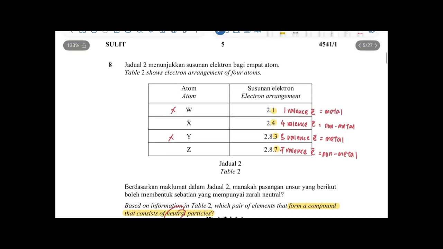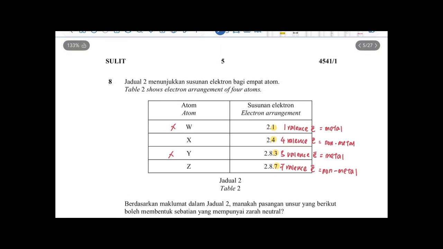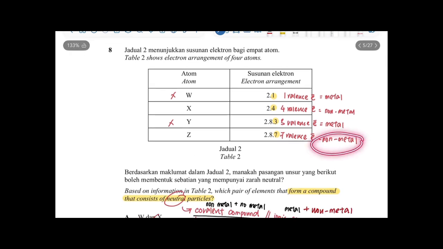Given the electron arrangement, usually the last digit will be the valence electron. So we can copy down: 1 valence electron is metal, 4 valence electrons is non-metal, 3 valence electrons is metal, and 7 valence electrons is non-metal.